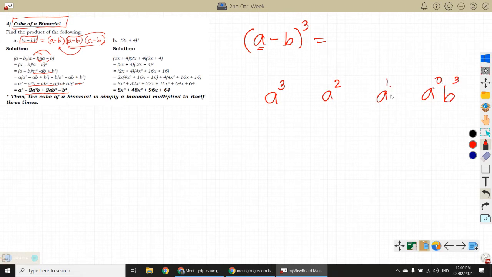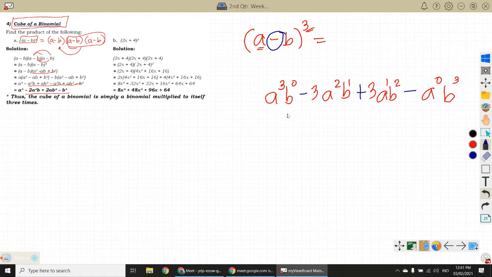B cube, b squared, b raised to 1, b raised to 0. Now, since naka-cube siya, ang nasa gitna natin na coefficients ay 3. Imumultiply sa 3. Tapos, since ito ay minus, ito minus. So, ang ating sagot ay minus plus minus. Alternate. Okay?